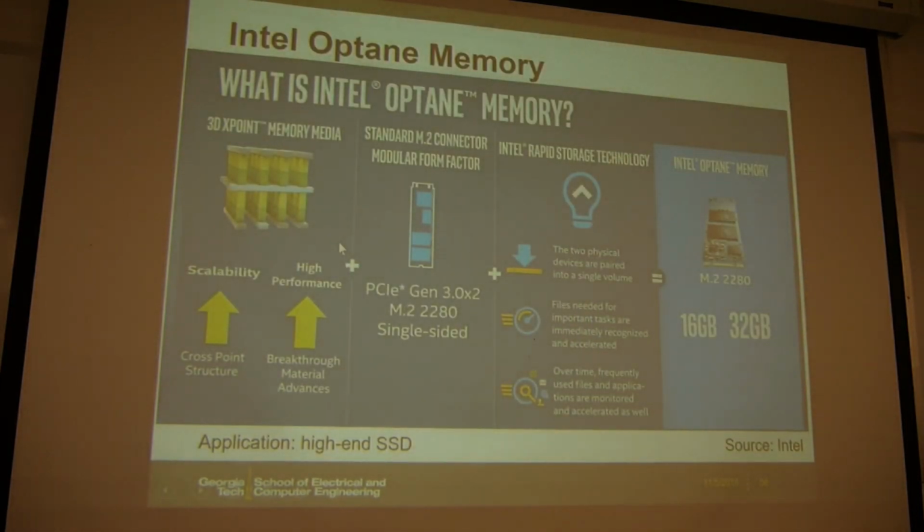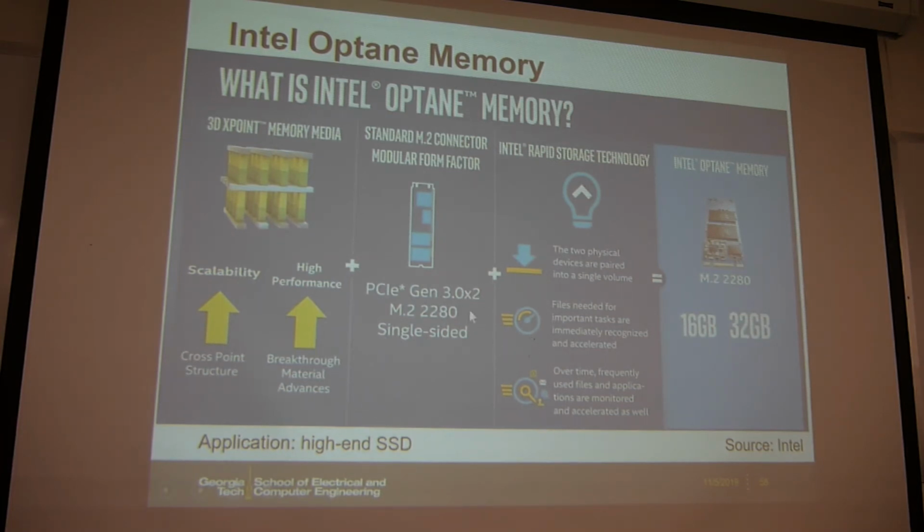Later, Intel packaged this 3D XPoint chip into an SSD with a PCIe kind of I/O interface, and it has 2 capacities. One is 16 gigabytes, the other one is 32 gigabytes. The application is this high-end SSD. Essentially, it's the storage class memory between the DRAM and the regular SSD.